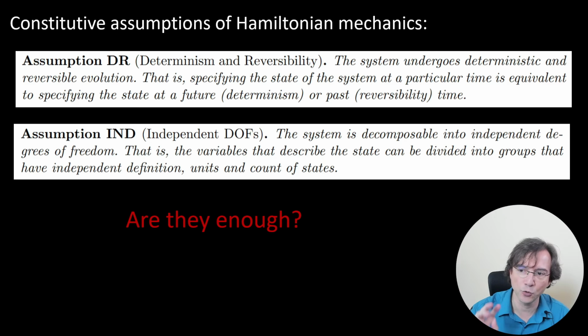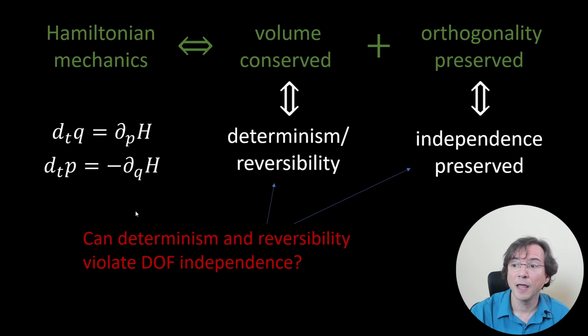So we have these two things, and the question is whether these two things are enough. Because we saw before, Hamiltonian mechanics conserves the volume, but also conserves the orthogonality, whereas now we're just basically saying that there is determinism and there is this orthogonality, there are independent degree of freedom.